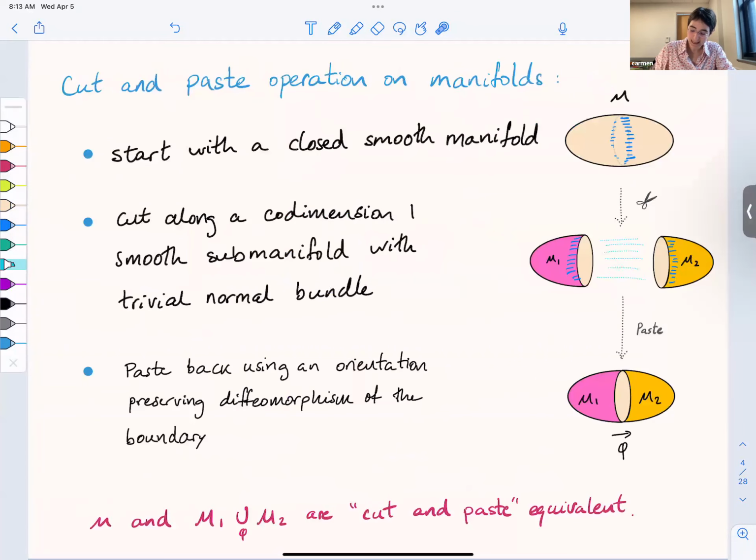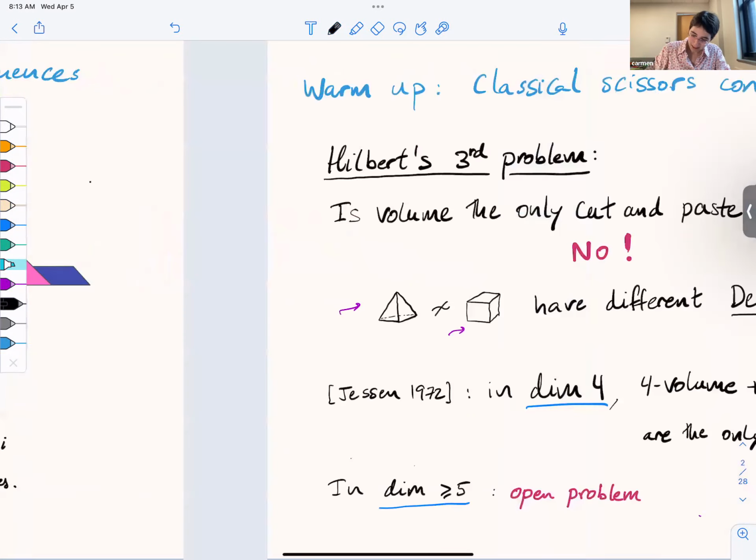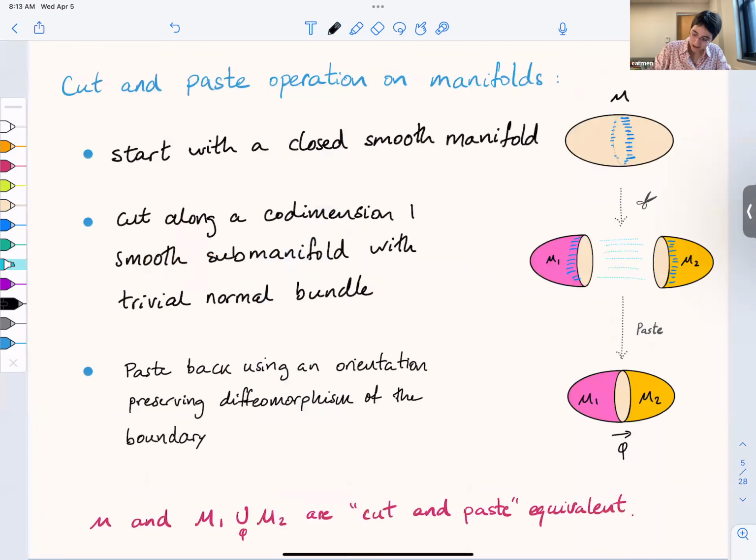The manifold world is slightly different because you start with an object which is a closed manifold, and when you cut, you get manifolds with boundary. Now, with polygons, back to this slide, I could have said, well, I'm going to do more cuts on this thing. I still have little subpolygons, nothing happens. But if I go ahead and try to cut one of these manifolds, how am I going to cut it?